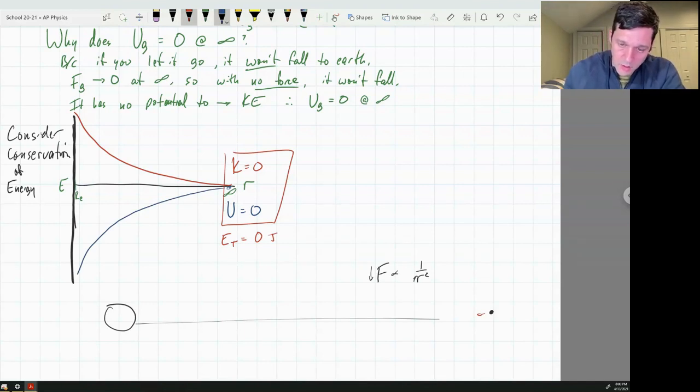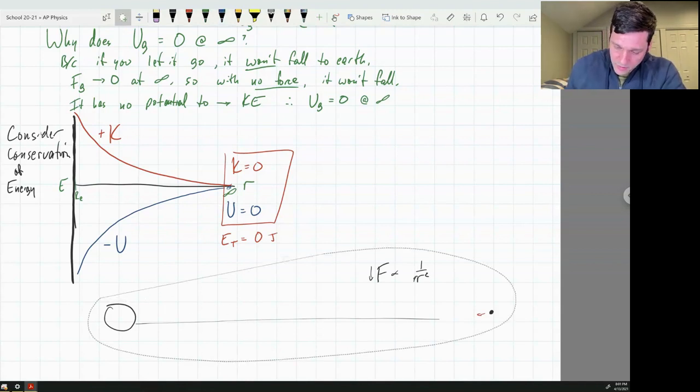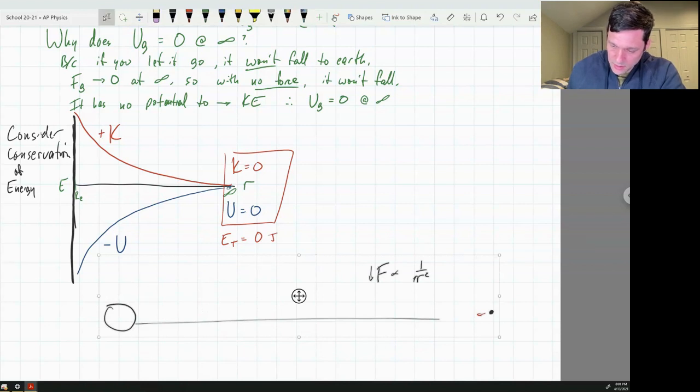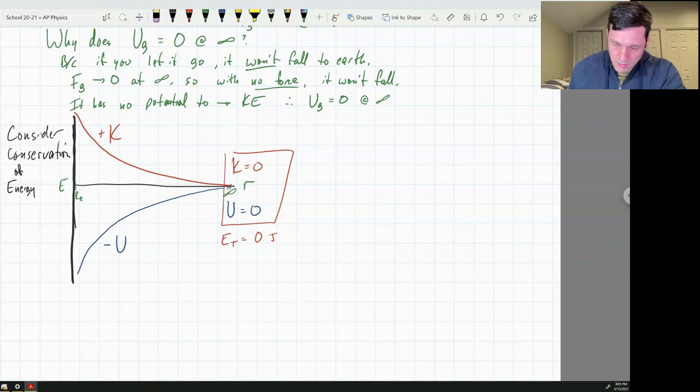So you're going to have a large amount of positive kinetic energy and an equally large amount of negative potential energy. So the math works out. Partly it's so the math works out. So essentially that's where we find ourselves. That is the approach that we're taking with the math in these gravitational situations.